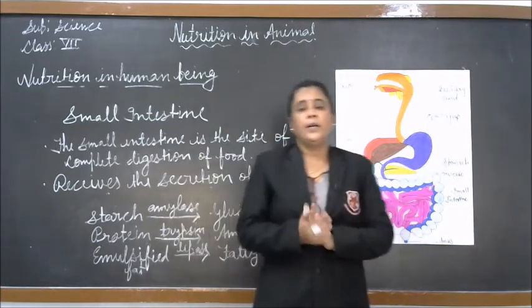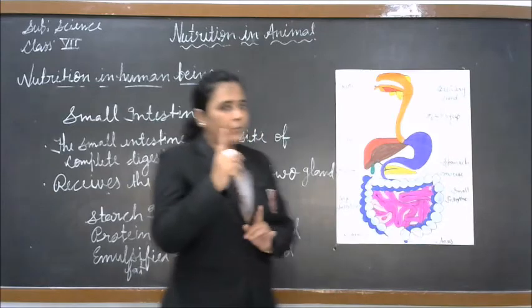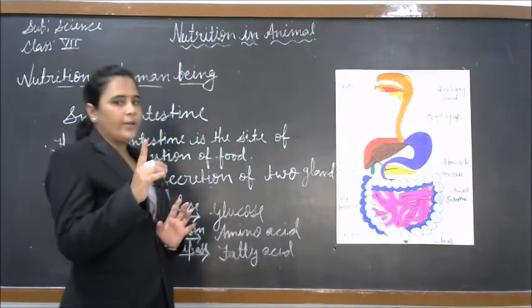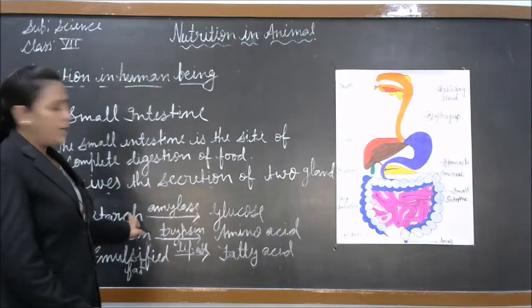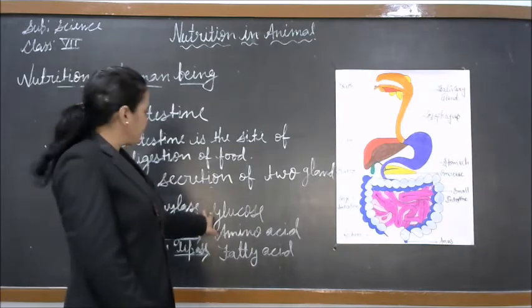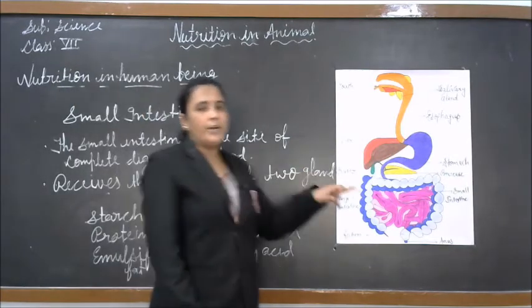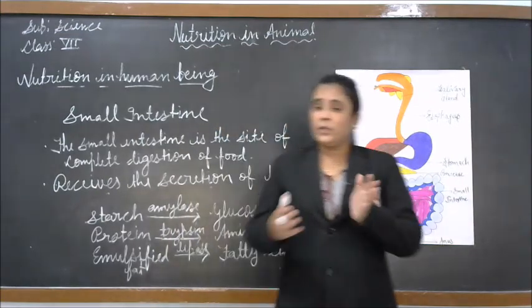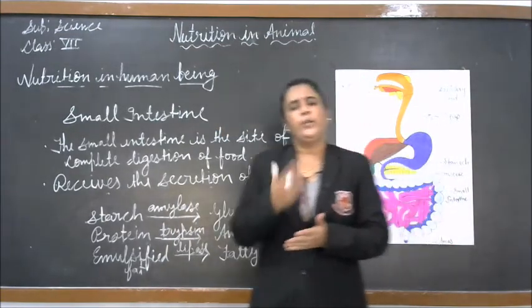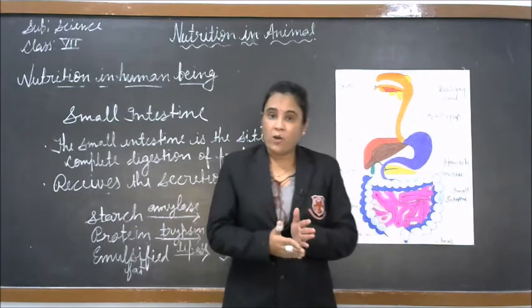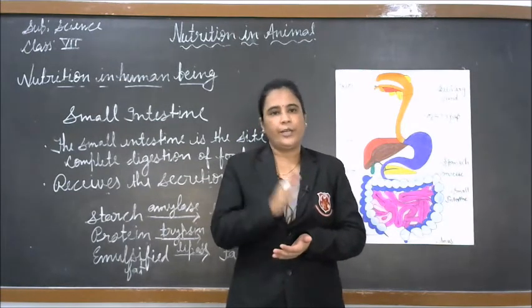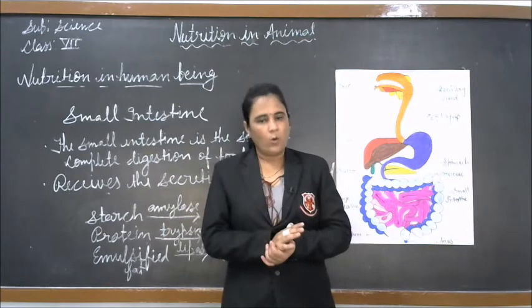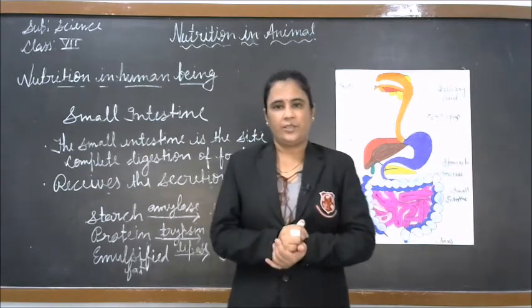After that, the final product of starch digestion is glucose. Glucose breaks down into carbon dioxide and water in the presence of oxygen in the cells, and releases energy.